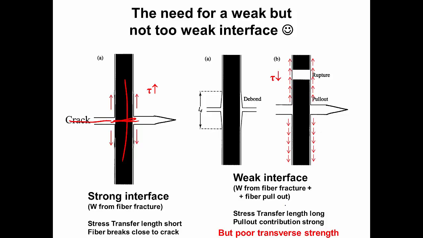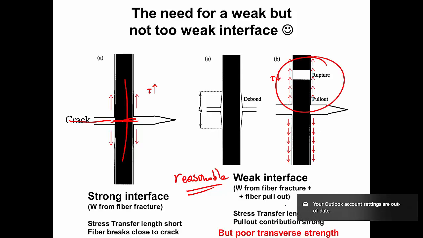However, if you have a reasonably weak interface, and I put this word reasonably because it's important, then it allows for this mechanism of fiber pullout to contribute to the energy absorption during crack propagation.